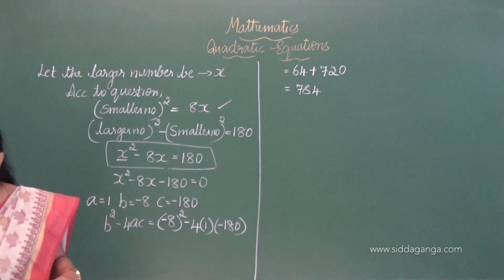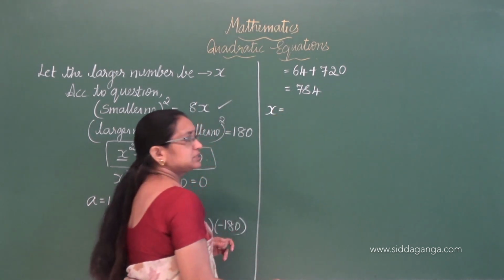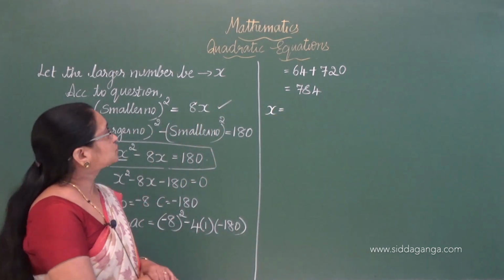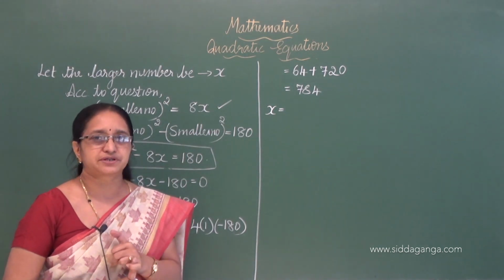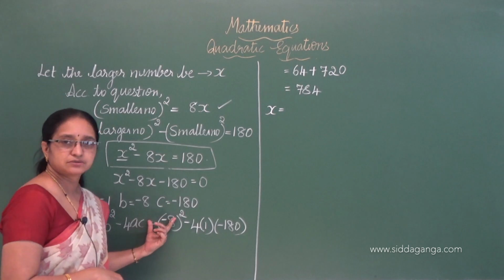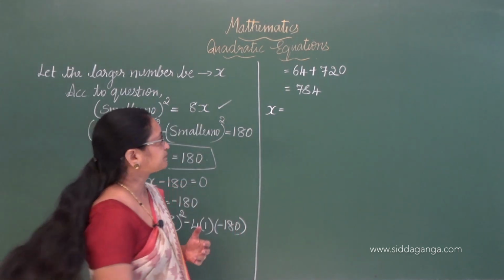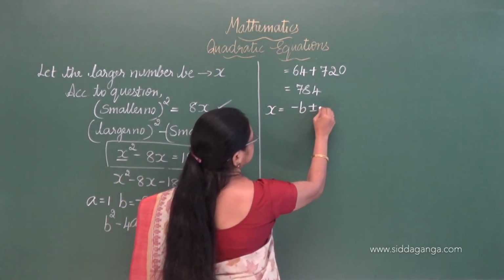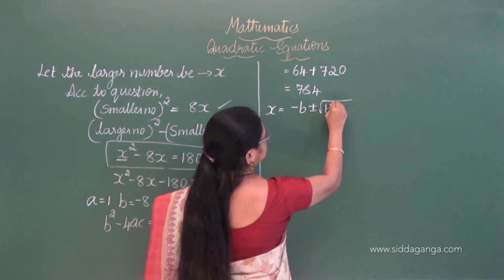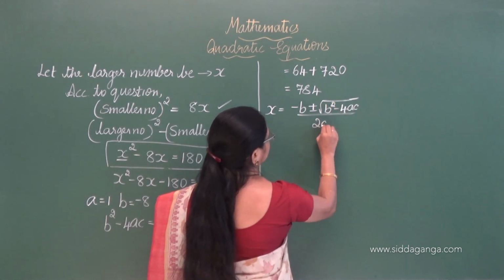Now, we will apply the formula to find out x, that is, the roots of the equation, or we can call it the solution also. So, x is equal to minus b plus or minus root of b square minus 4ac, divided by 2a.